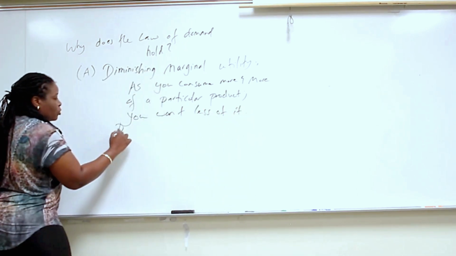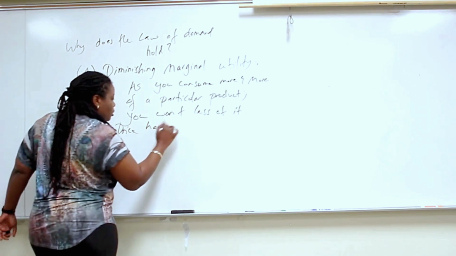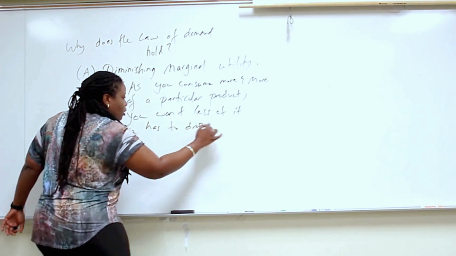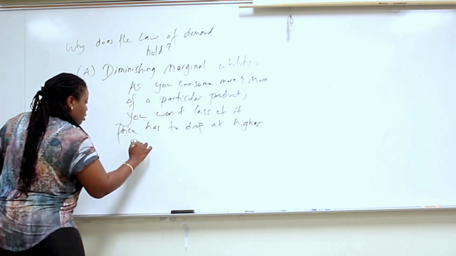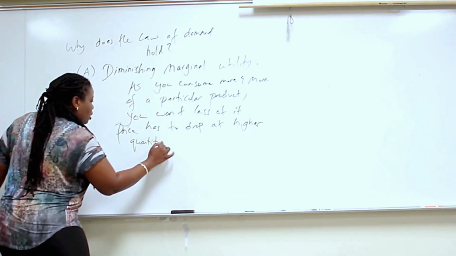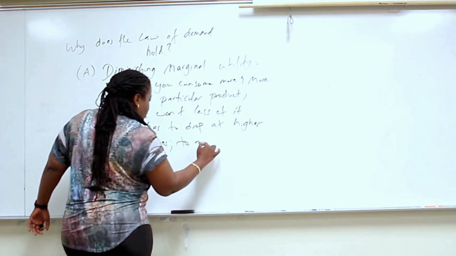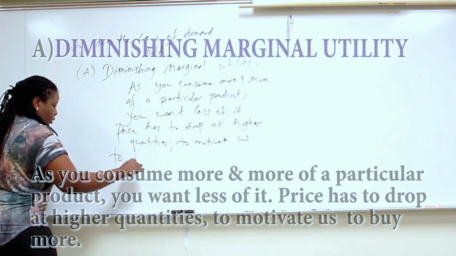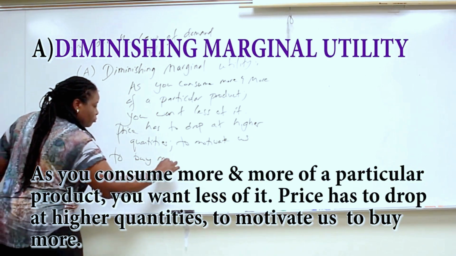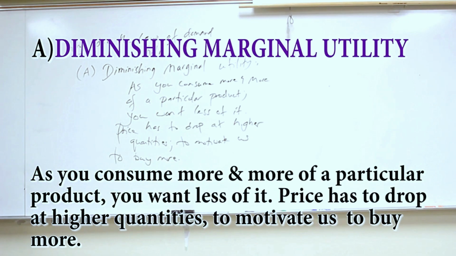So price has to drop at higher quantities to motivate us to buy more. That's the idea behind diminishing marginal utility.